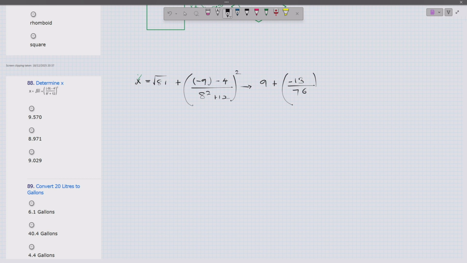That will give you 9 plus minus 13 squared is 169 all over 76 squared is 5776. Which should give you 9.029.